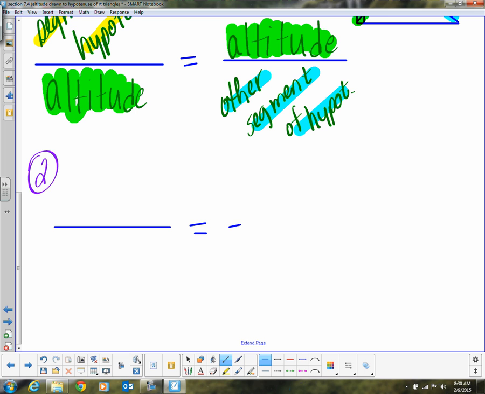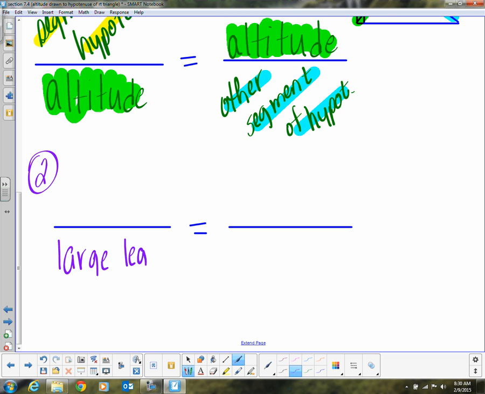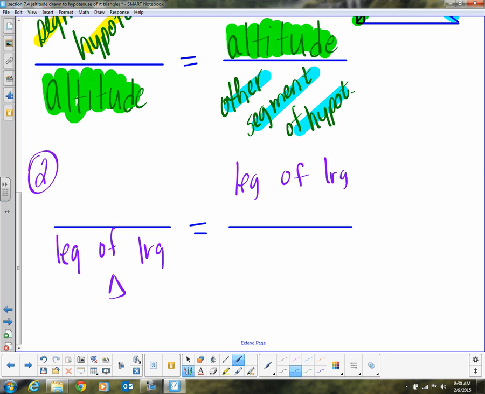All right. The second part of this has to do with the leg of the large triangle. I think that will help you. The leg of the large triangle is the geometric mean, so it goes into this position.